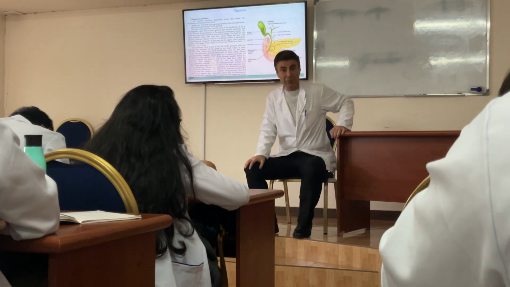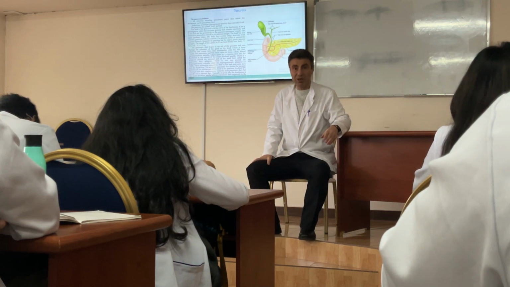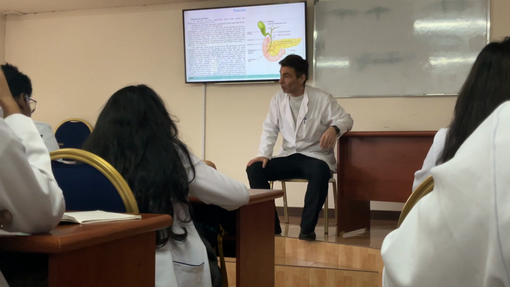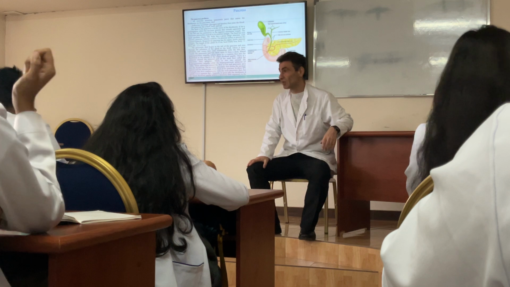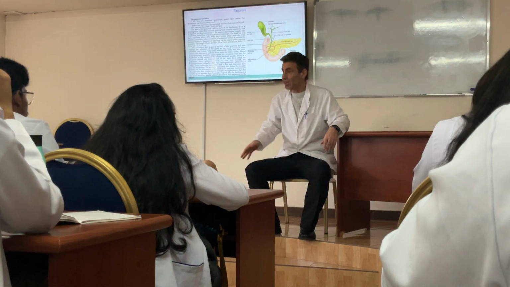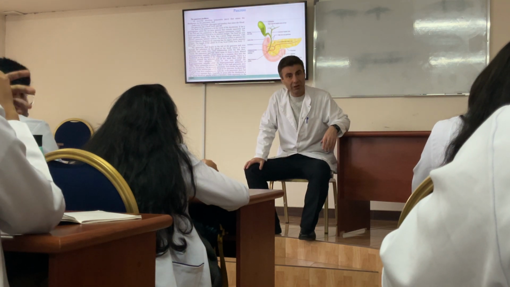Pancreas also, by the way, the function of the pancreas is much more complicated. I want to remind you about the Langerhans cells, which are primarily located in the tail of the pancreas. A, B, and C. A produces glucagon, B produces insulin, C produces somatostatin.